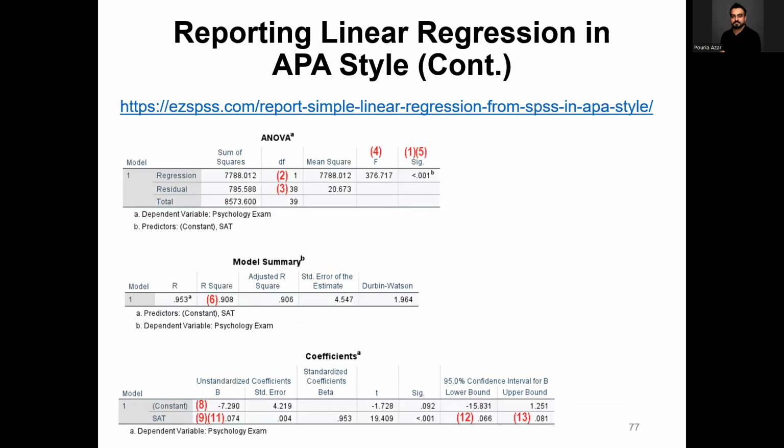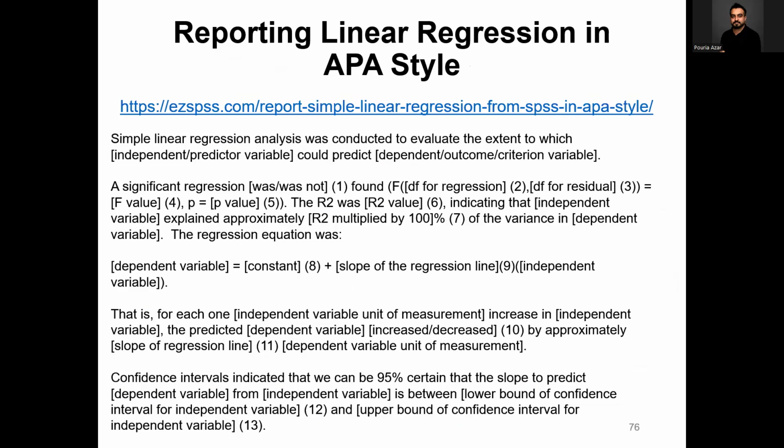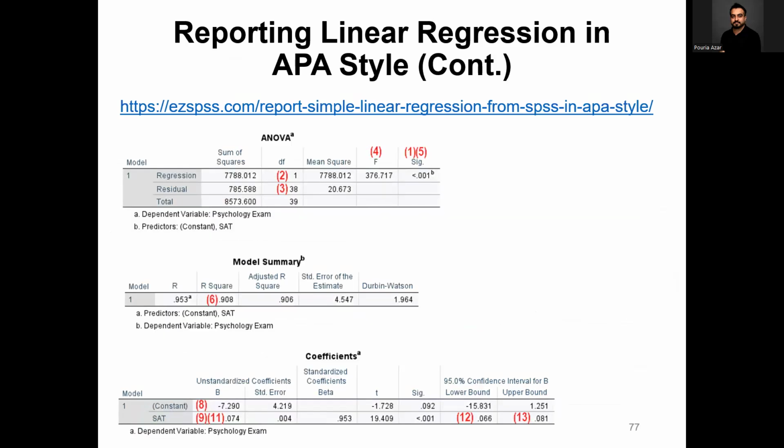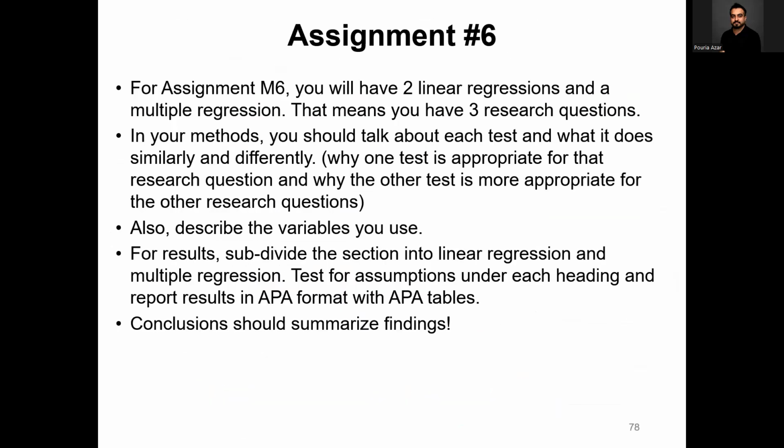Then I need to plug these numbers into this template and it will be my simple linear regression. For multiple linear regression, it is going to be the same template, but it will be more of an extension of this template because for multiple linear regression, I have to report the values for each predictor variable instead of just having one predictor variable.